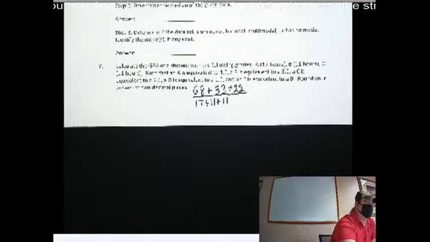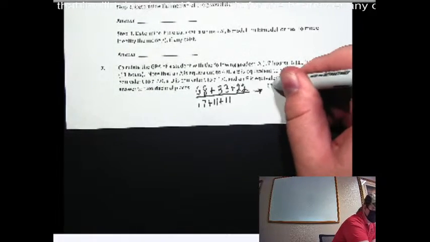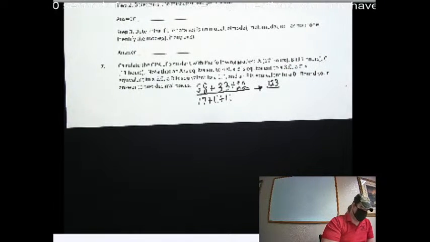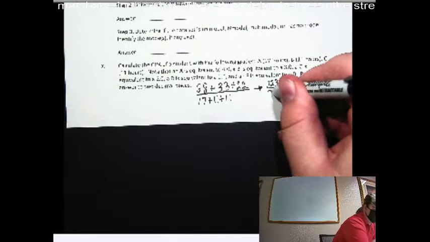Okay, so let's go ahead and add these up. On the top there we have 68 plus 33 plus 22, which gives us 123. Then on the bottom we have 17 plus 11 plus 11, and that gives us 39.